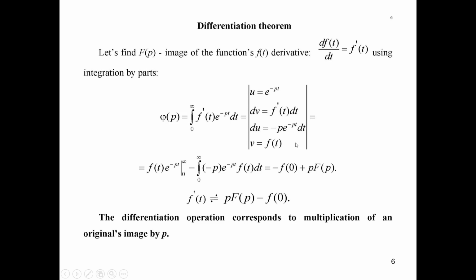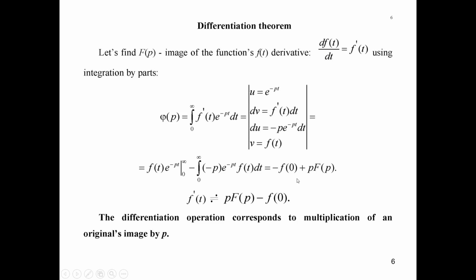It is here. Okay, so du from here will be equal to e to the minus pt by dt multiplied by the derivative of the argument. It will be minus p, and v from here will be got by integration of this expression by time, and the integral of dphi by dt by time is equal just to phi from t.